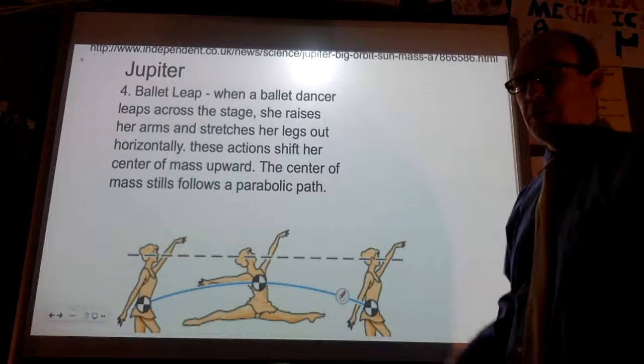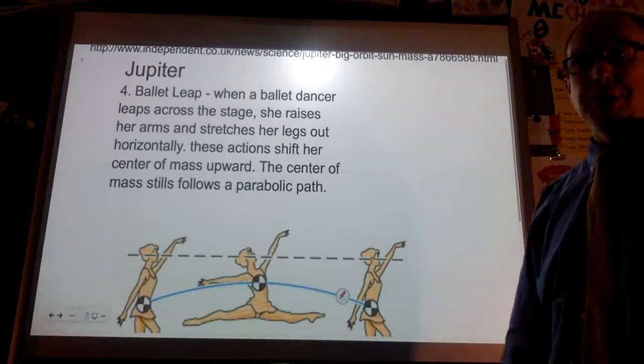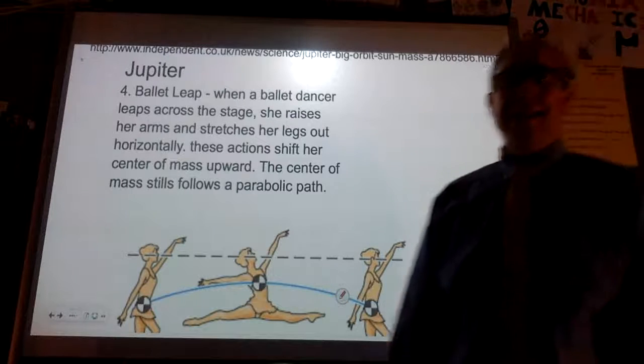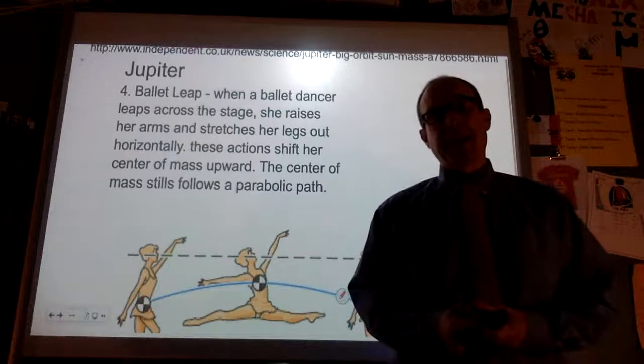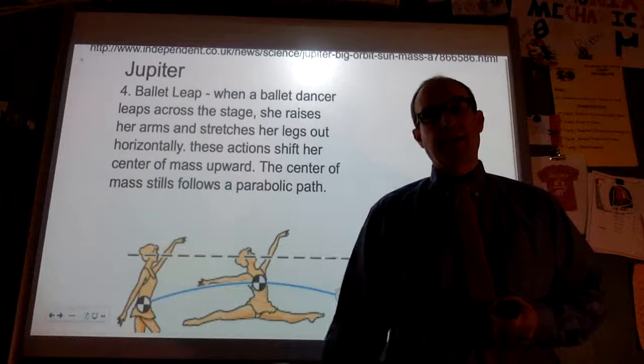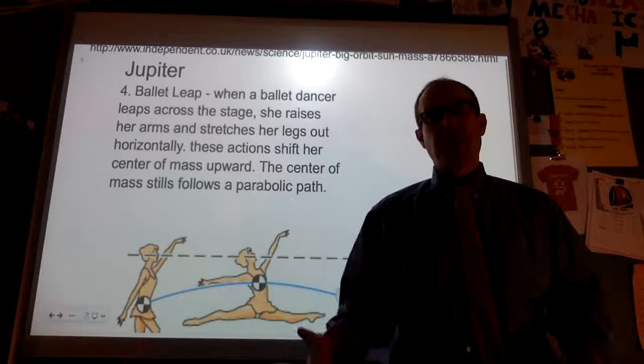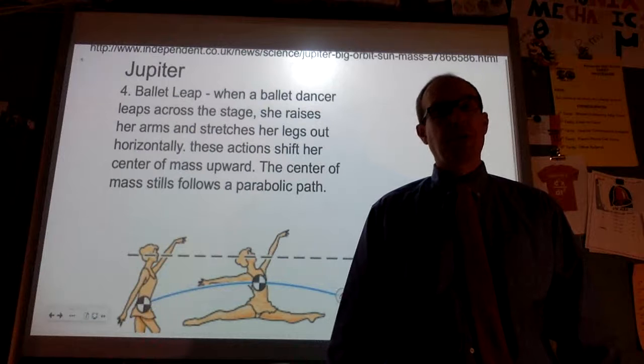The center of mass is also going to be the point at which things orbit. So for a lot of things, that doesn't really make a difference. If you're talking about the satellite and the Earth, the center of mass between a satellite and Earth is pretty much the center of Earth.